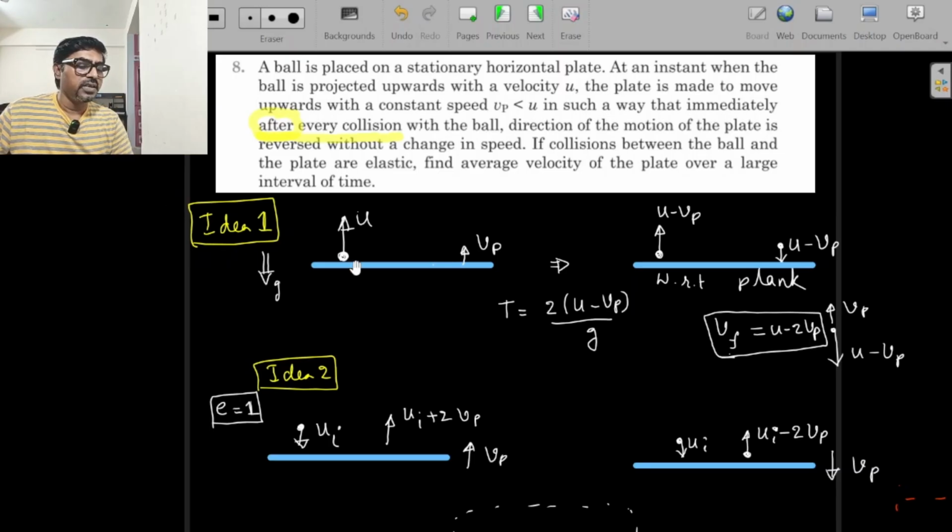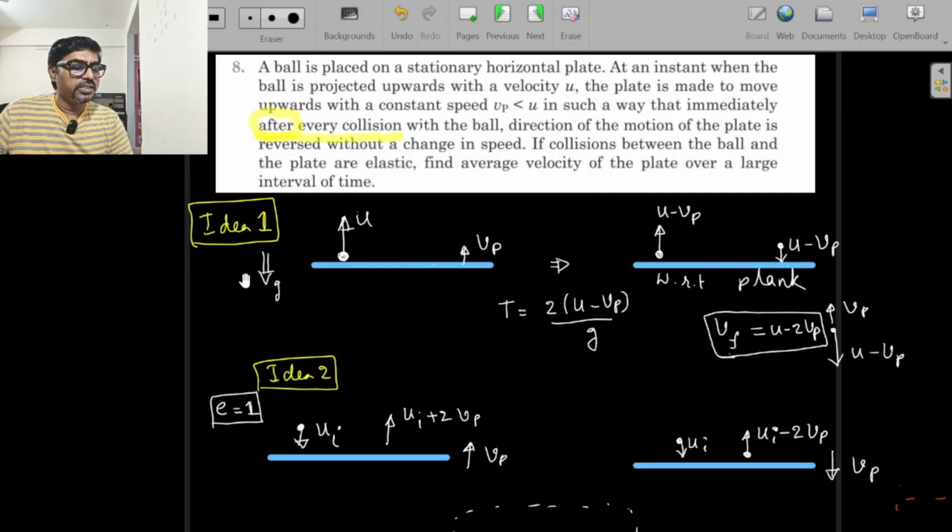First idea is, let's say this is a plate having a velocity Vp and the particle is having a velocity u and there is gravity down. If you look at the relative velocity, initially it will be u minus Vp. The relative acceleration is g only, because the plate will have uniform velocity until it collides. So during that interval the plate is an inertial frame.